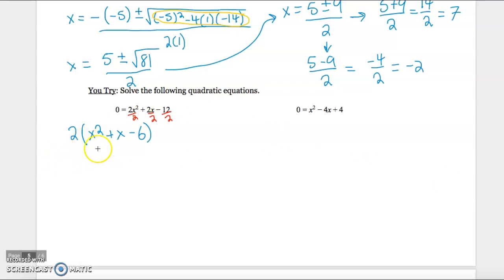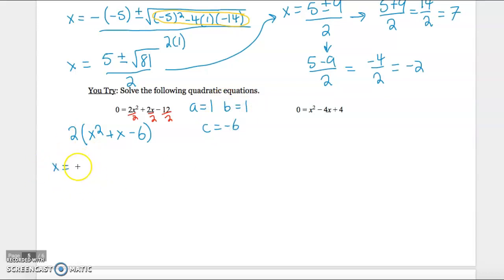All right, and so now I'm just going to work with the inside part, my quadratic part, and I'm going to use my quadratic formula. So that means my a value will be 1, my b value will be 1, and my c value will be negative 6.